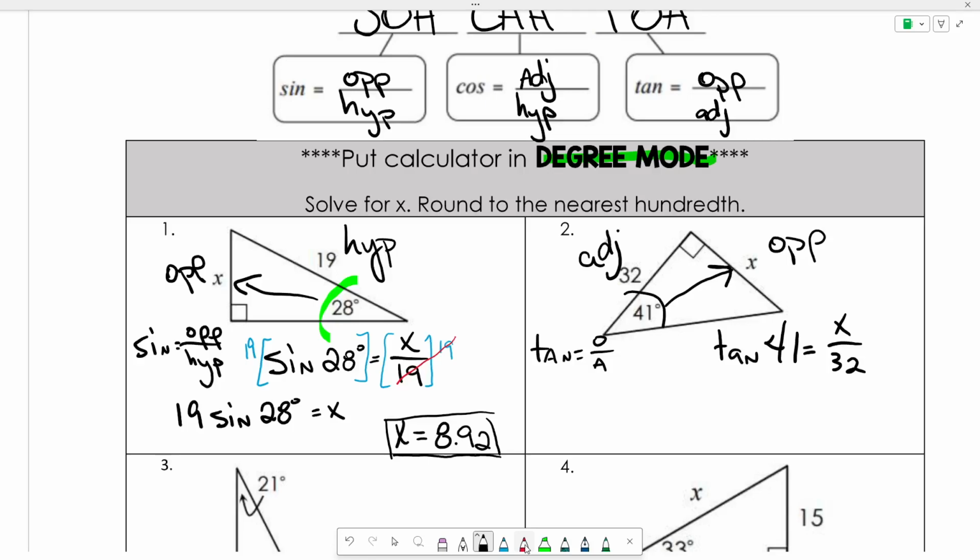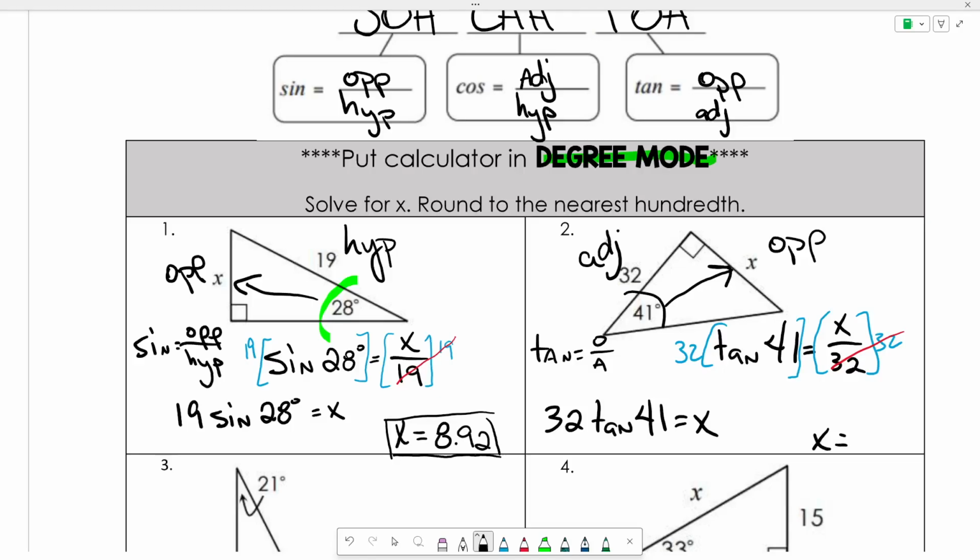I can multiply both sides again by my denominator, my 32, to solve for my x. On the right hand side of the equation, the 32s divide out to 1, so I now have 32 tangent 41 is equal to x.